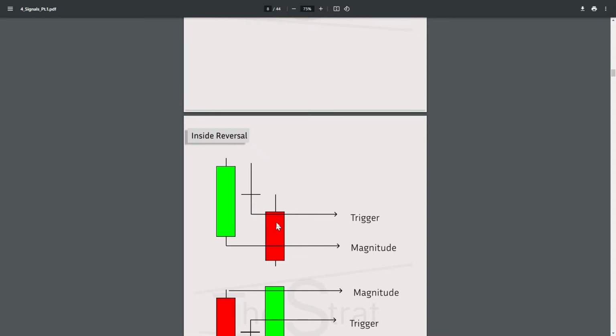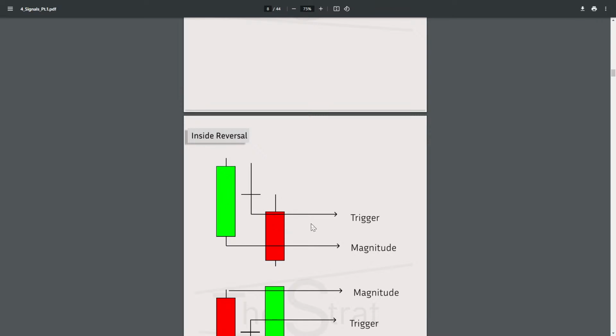And so that's the reversal. Our trigger is once this bar opens and trades below the inside bar's low, and the bottom of the two is our magnitude or our target.